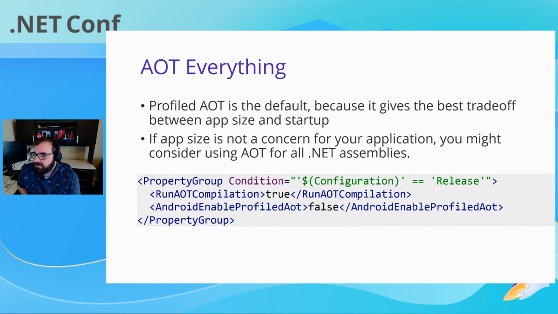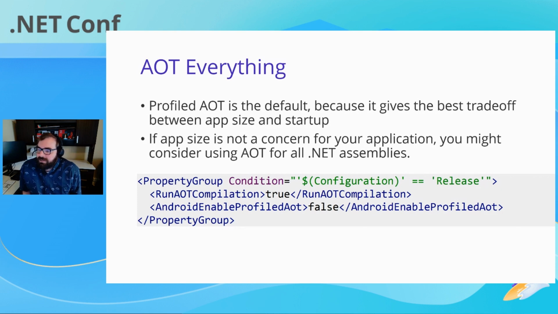Another idea: let's say that you don't care so much about how large your app is, but you want your app to start as fast as possible. This might be something like a line of business app that people are installing internally in a business. You may want to turn this on. This is a setting that would AOT everything in your app instead of just the startup path.